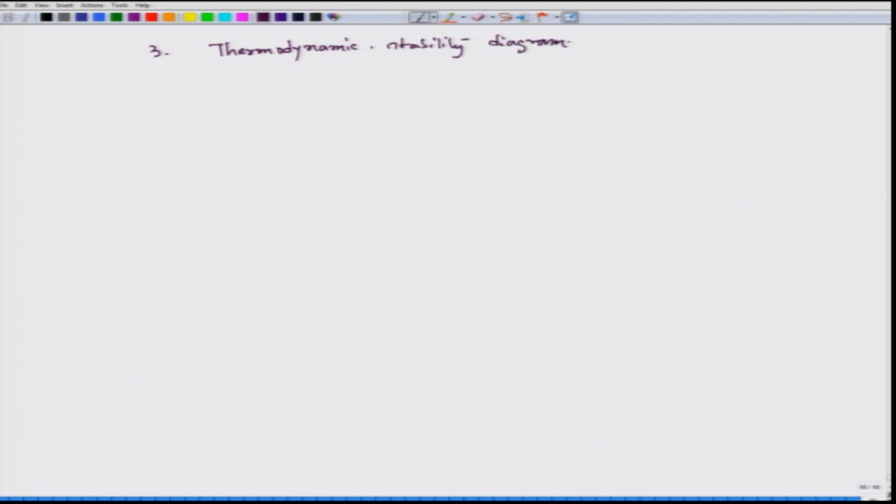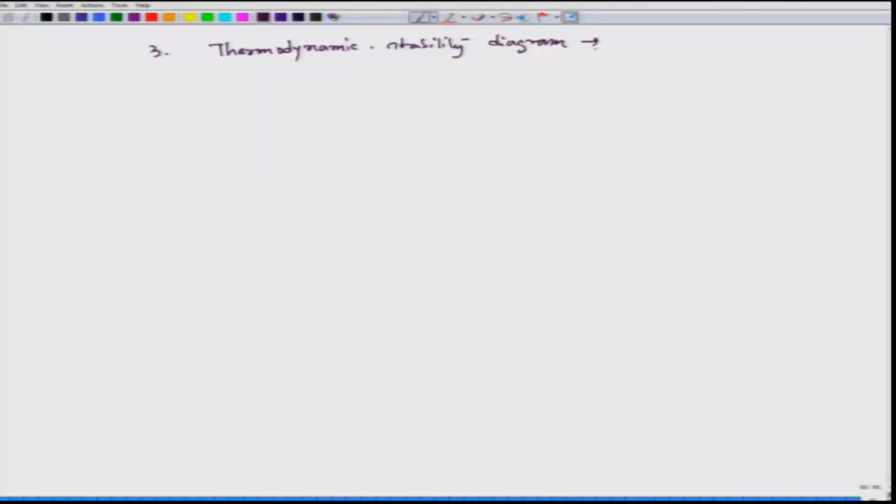It does not involve any kinetics. Now, from this diagram we will not be able to tell at what rate there is any corrosion of a metal in the aqueous medium. We cannot tell what rate it is going from this Pourbaix diagram, because it is a thermodynamic stability diagram.